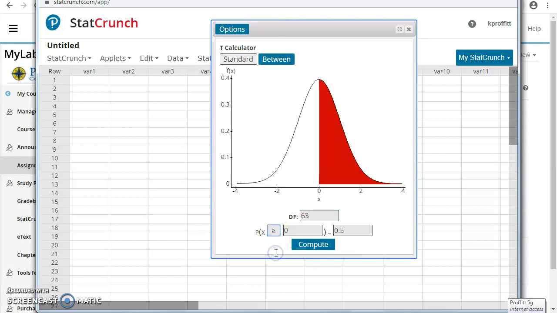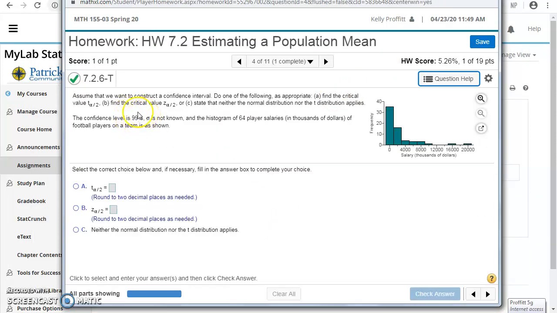And I want to go greater than because I'm looking for the t-score sub alpha over 2. Now, what was my alpha? Well, the confidence level was 99%. Okay, so 1 minus 99% is my alpha, so 1% is my alpha, and so therefore alpha over 2 would be 0.5%, which is 0.005.